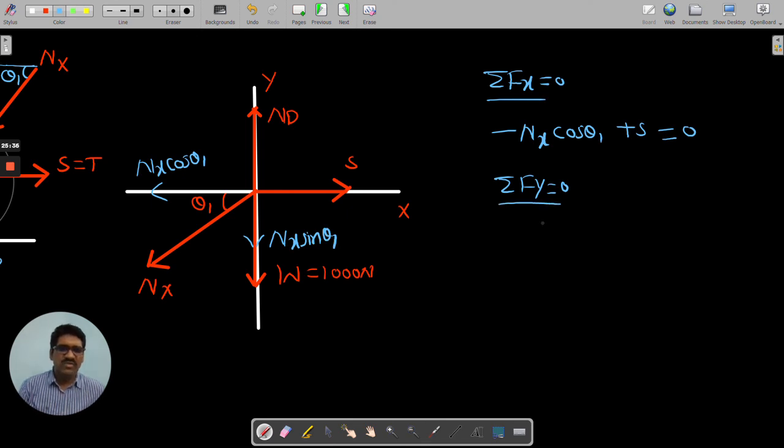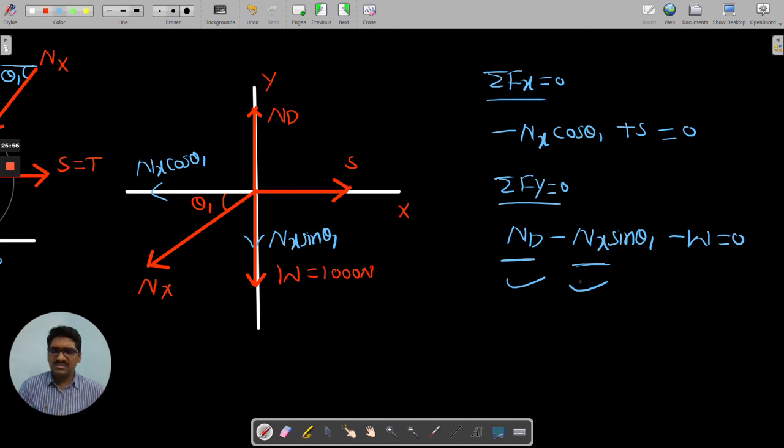If you apply sigma Fy equal to 0, ND minus W is equal to 0. Nx is already known for us. Got the point, all of you, clearly? ND is already known for us. These two are already known for us. Now if you substitute, you can bring out the value of S. And there is no need of this equation also.